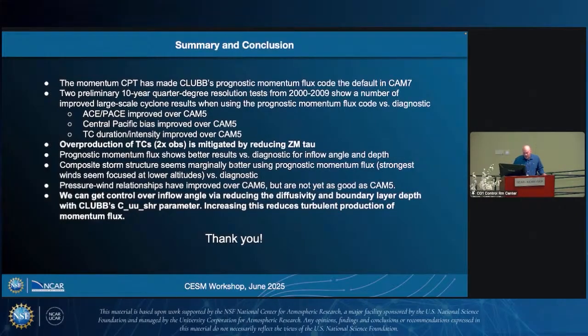Prognostic momentum flux shows better results for inflow angle and depth. We also see improvements in the composite storm structure using prognostic momentum flux. Pressure-wind relationships, there's still room for improvement there if we can maybe get a better handle on it with some tuning. And then finally, tuning also further improves the inflow angle and inflow depth with that CLUBB parameter. So that's kind of where I am currently with the tropical cyclone work at quarter degree.